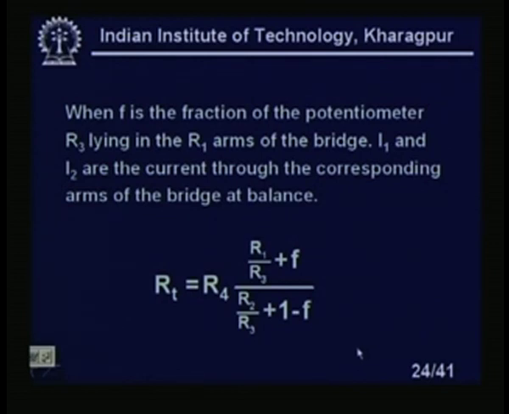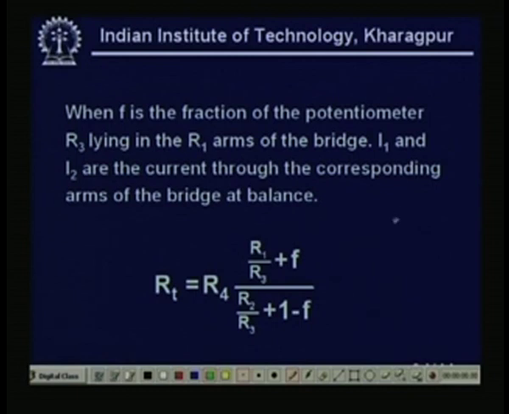That means F R3 will lie in the R1 arm of the bridge, and (1 minus F) into R3 will lie in the R2 arm of the bridge.